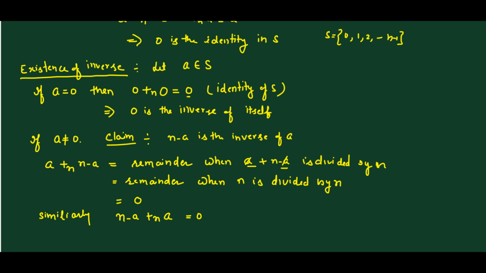So this means every element, in fact every non-zero element, has inverse n minus a with respect to this operation, and 0 is the inverse of itself, and if a is non-zero, then every non-zero element has inverse n minus a.